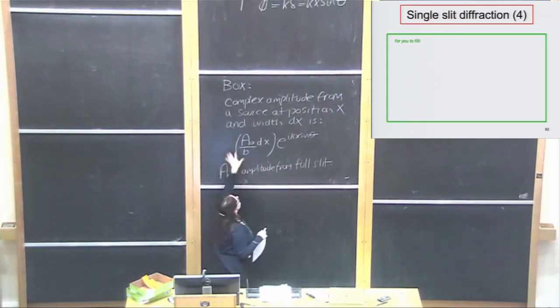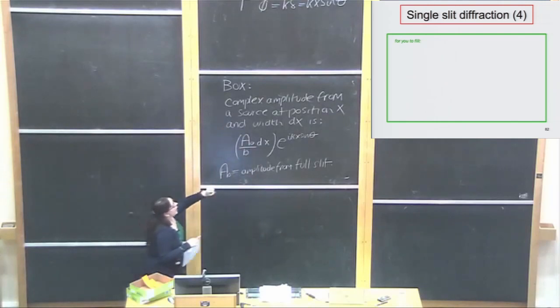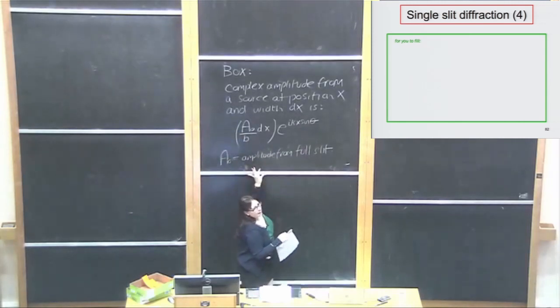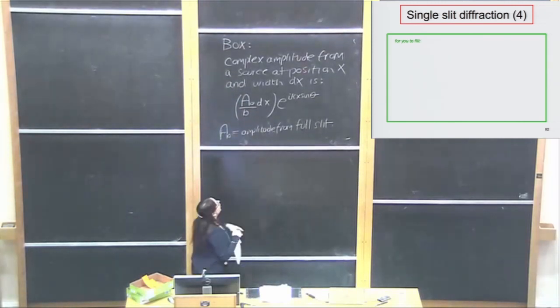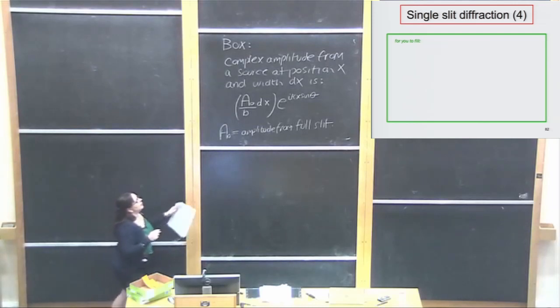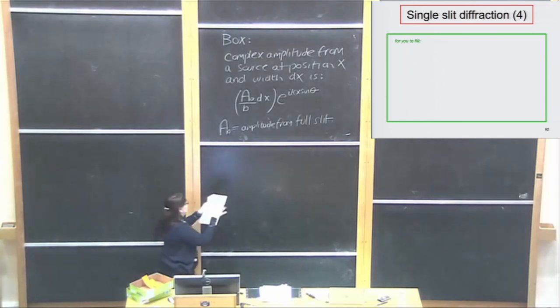So this is the little bit of the amplitude assigned to that particular point source. Then I multiply it by the exponential term, which encodes our usual phase difference. Is that clear to everybody? Sometimes that A naught over b confuses people, but hopefully it's clear. Let me know if not.